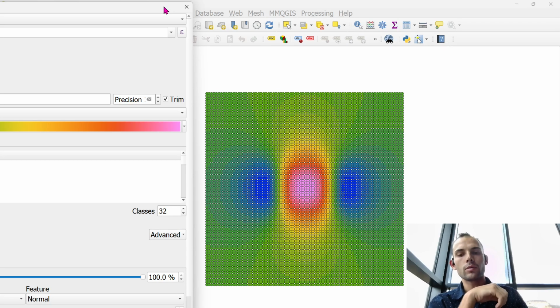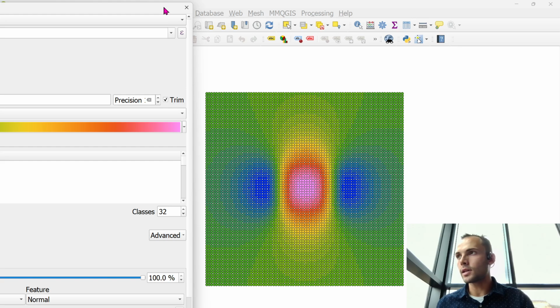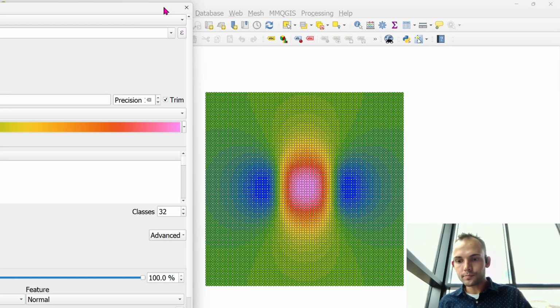GIS, X is always east to west. Sometimes in geophysics you'll see X is north. This is the same issue I was talking about earlier with Z being positive up in GIS and Z being positive down in geophysics. To make a right-hand coordinate system, the GIS people put X positive east, Y positive north, Z positive up.